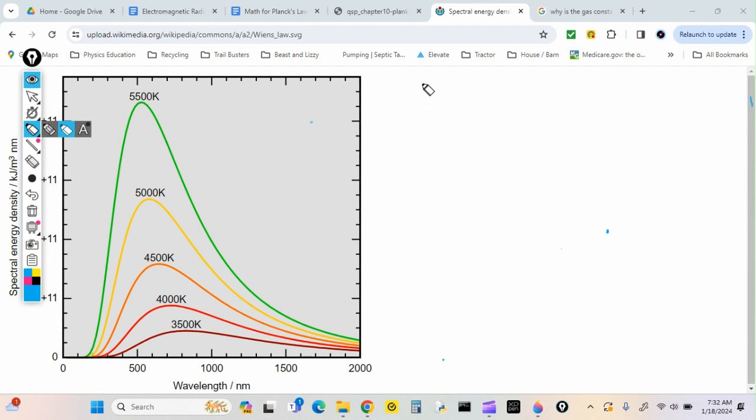So let's go ahead and write up here Wien's law. And Wien's law says that the wavelength peak is equal to a constant, Wien's constant, over temperature.